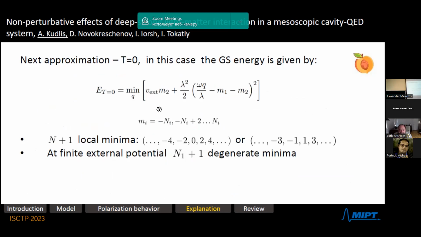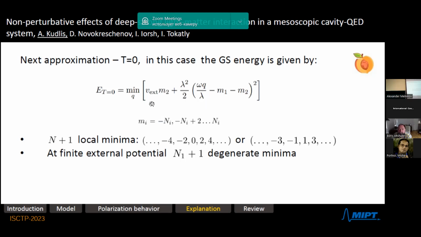Yes, and the energy can be exactly obtained, it's easy, of course. We can construct some figures, and for t equal to 0 and external potential equal to 0, we have n plus 1 local minima, where n is just the total number of dimers.